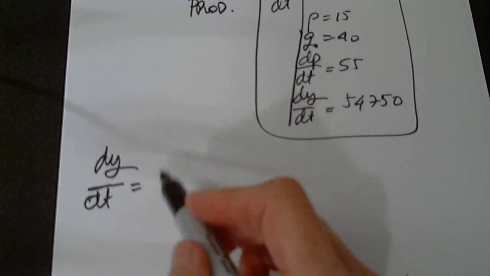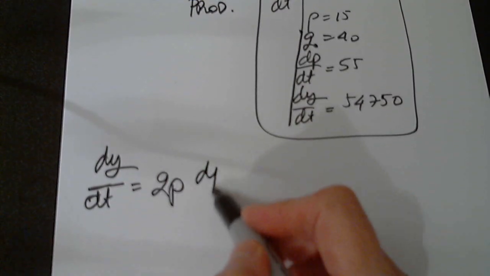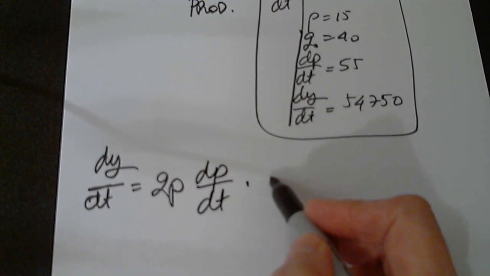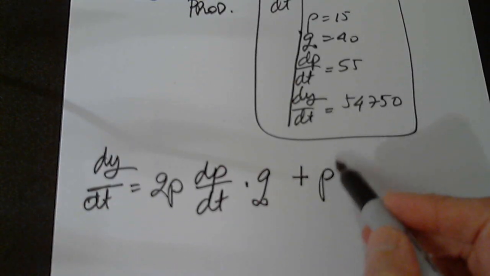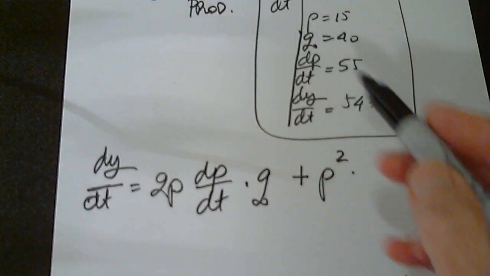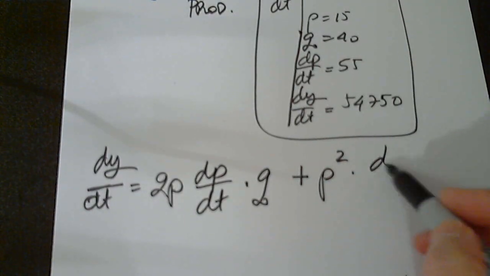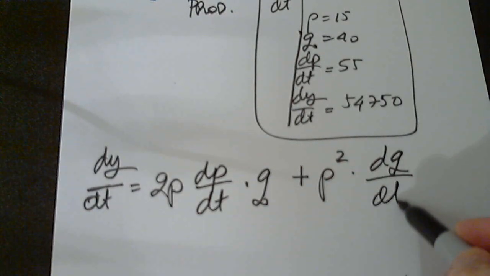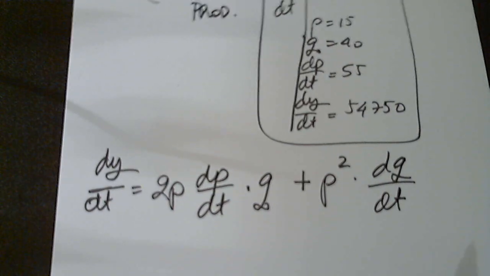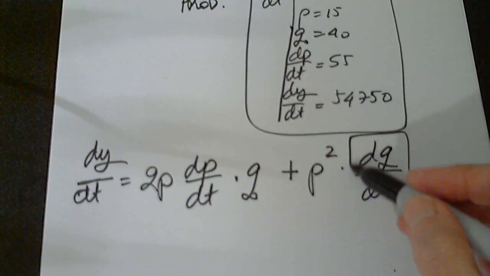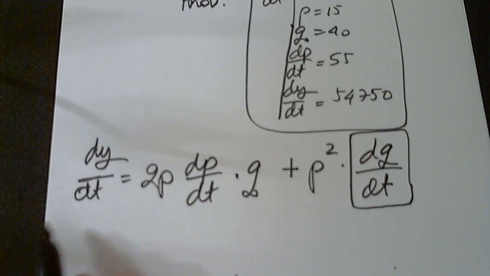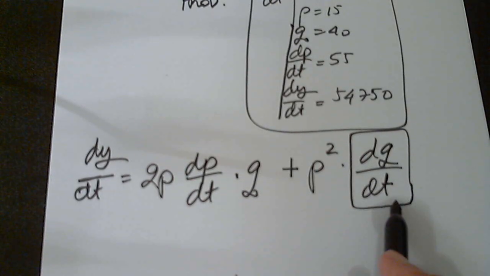So 2p dp over dt times q plus p squared times q prime. But I cannot write q prime. I have to write dq over dt. Again, what am I after? This is my variable. Not this, not this, just this.